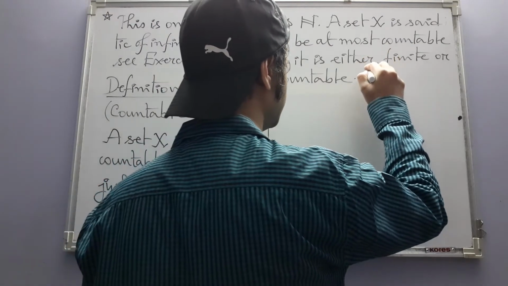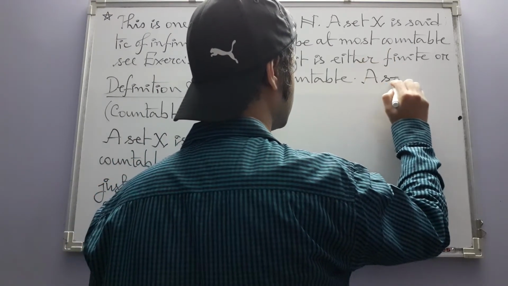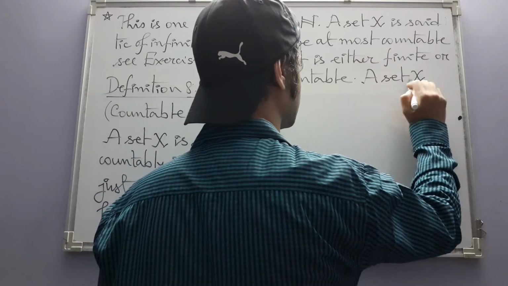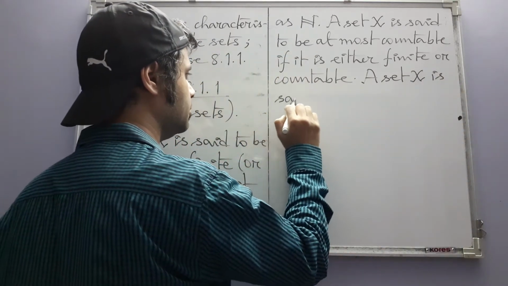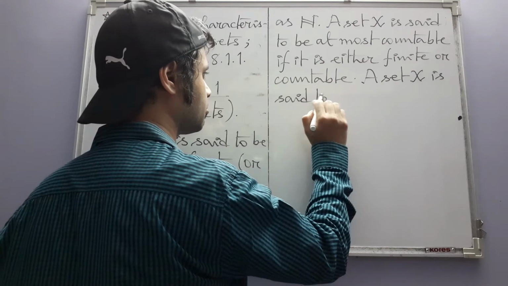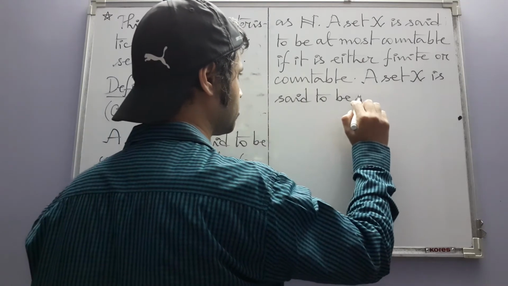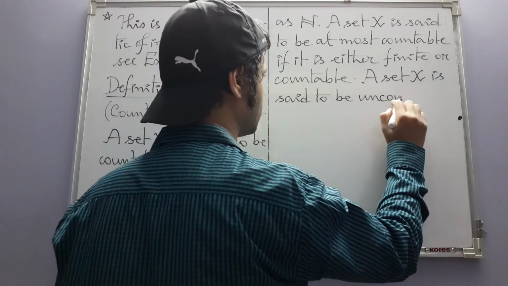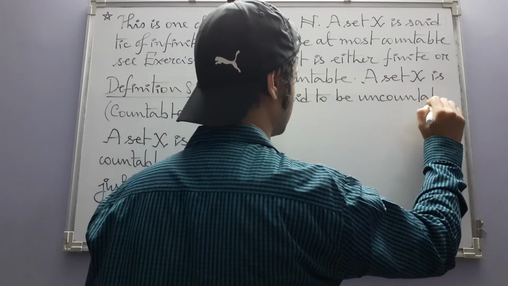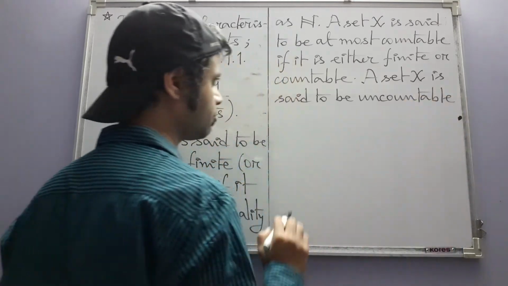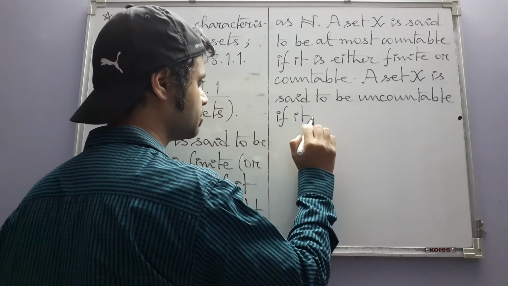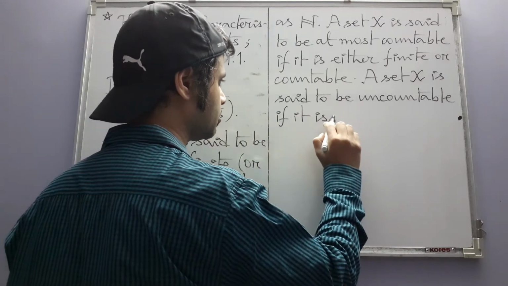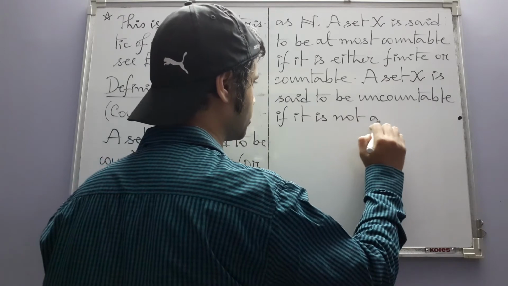And finally, a set X is said to be uncountable if it is not at most countable.